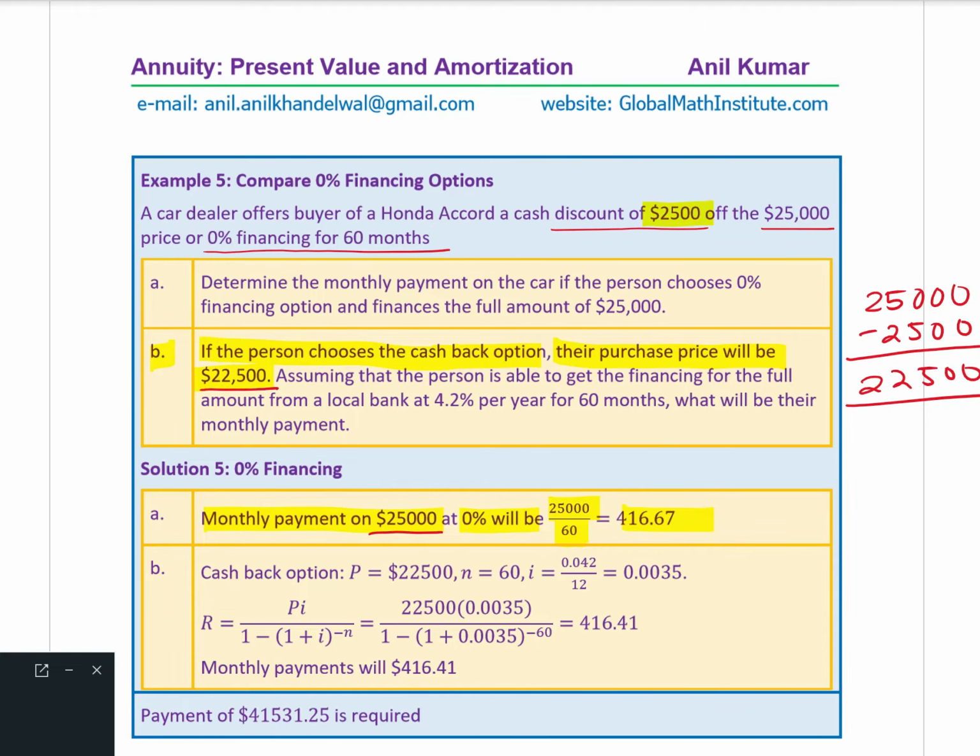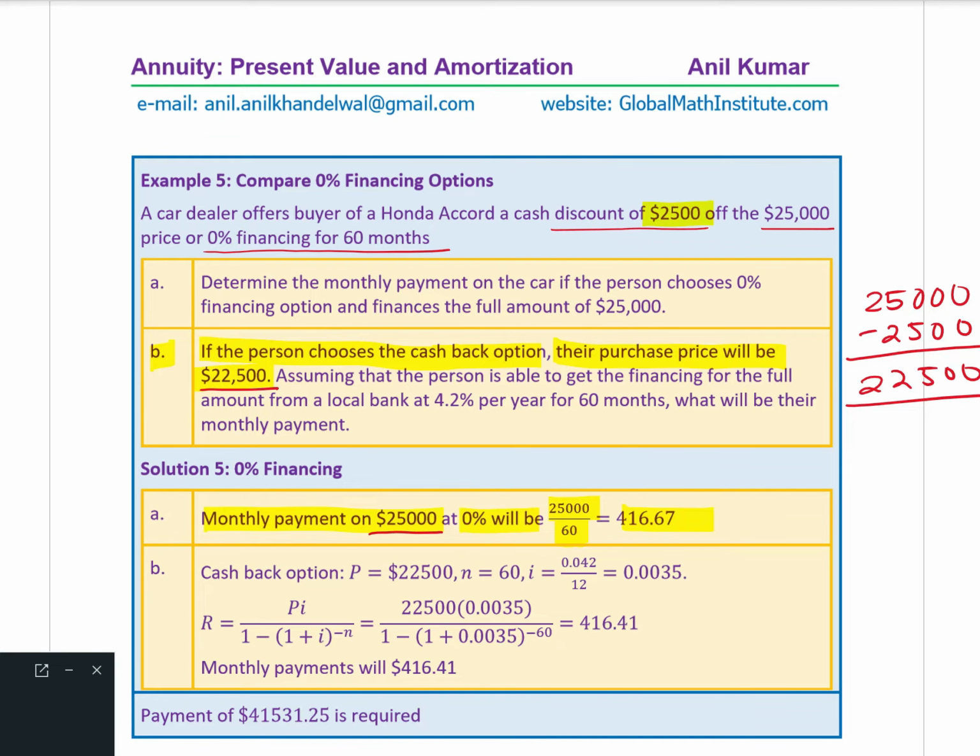Yes, this situation, correct. So now here, if the person chooses the cashback option, their purchase price will be 22,500, assuming that the person is able to get the financing for the full amount from a local bank at 4.2% per year for 60 months. What will be their monthly payments?